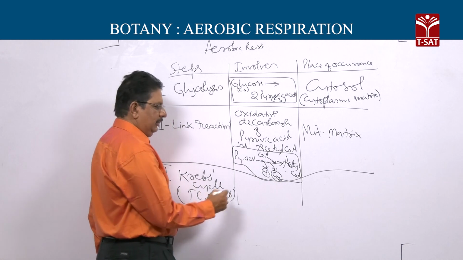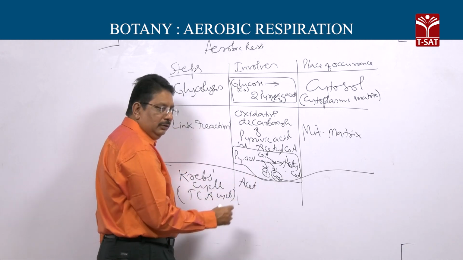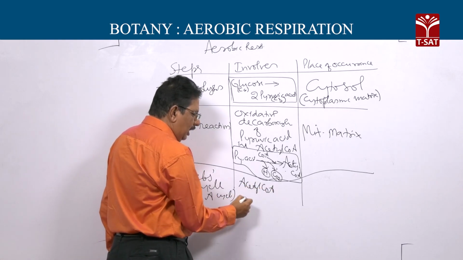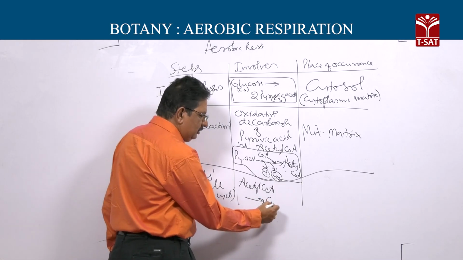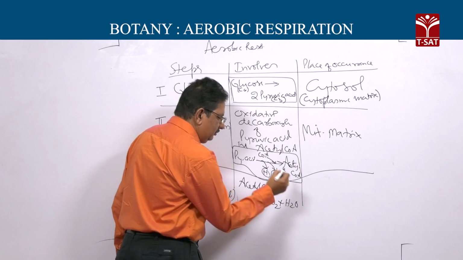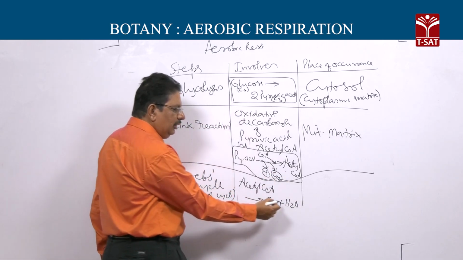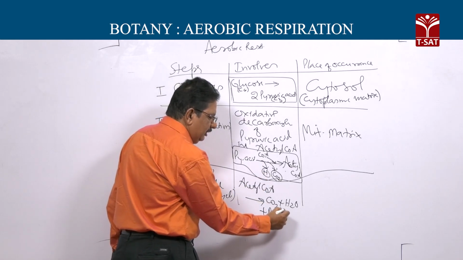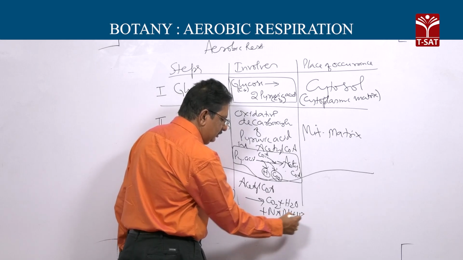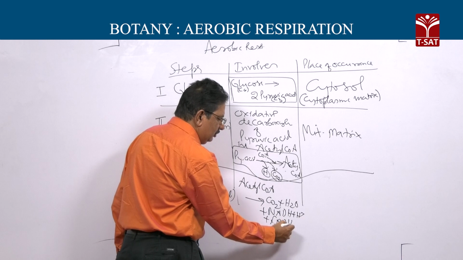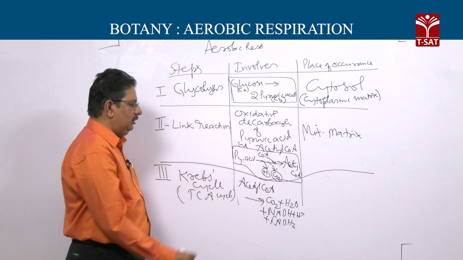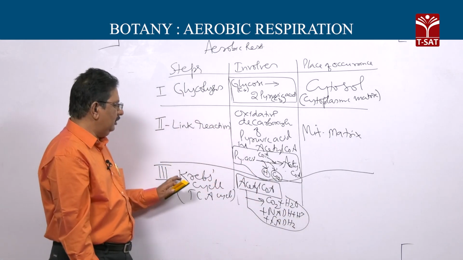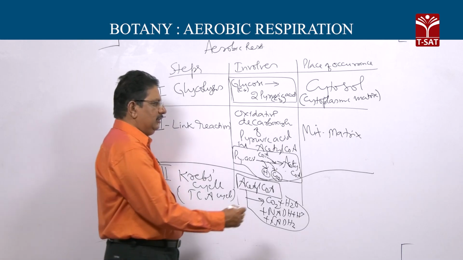During the Krebs cycle, the end product of the link reaction, acetyl coenzyme A, undergoes complete oxidation and decarboxylation into CO2 and water plus some reduced coenzymes like NADHs and FADH2s.